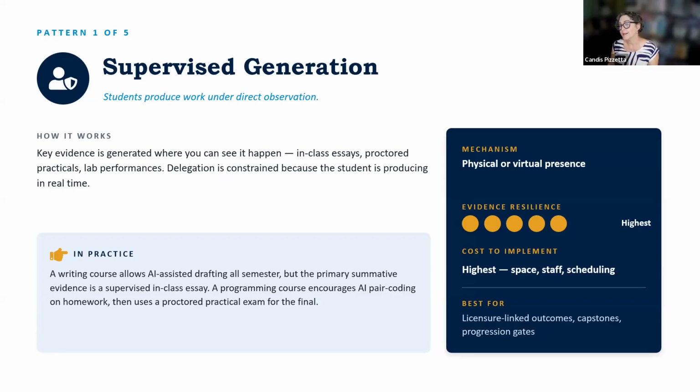And then they bring that feedback to class, and in class they start drafting. So there are a lot of different ways that you can acknowledge that they're going to use AI, but have them do a lot of the basic generation in the class itself.